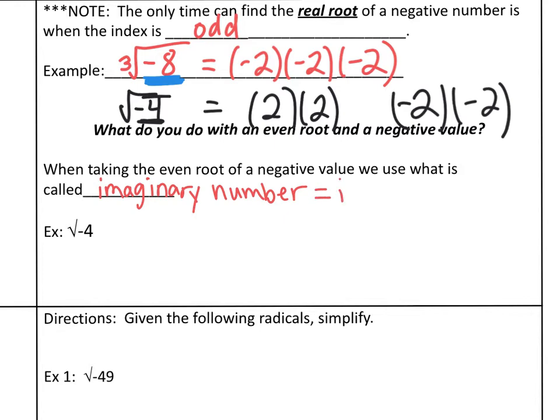We'll call it i. So what i is, and I want you to write this off to the side, i is the imaginary number. It equals the square root of -1.